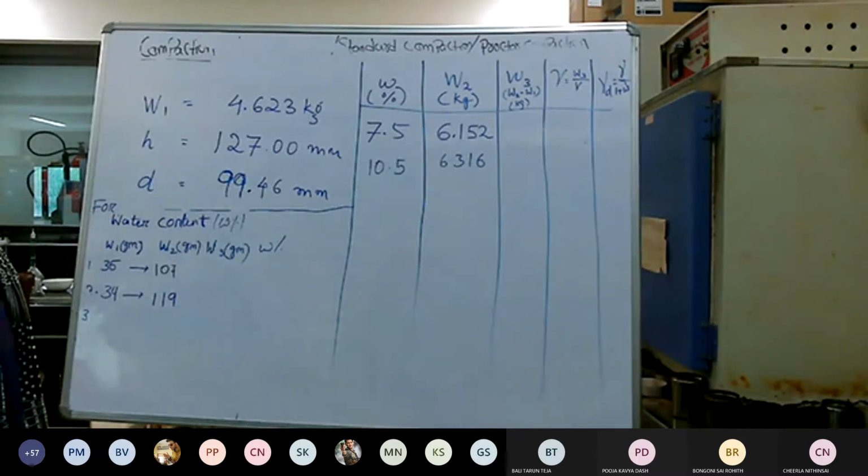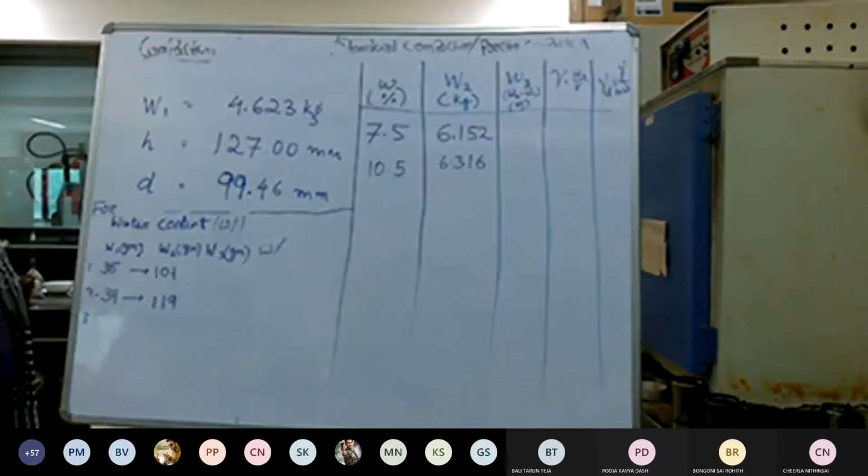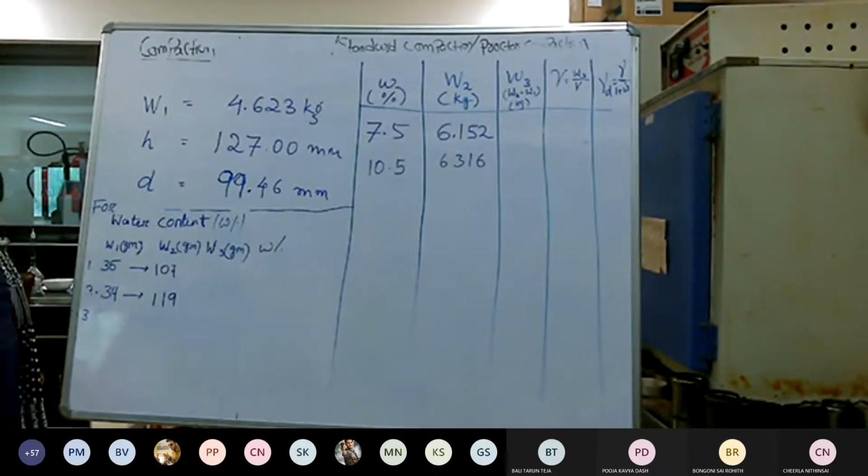So kindly note down. Similarly, you have to take readings for at least, as I said, at least one more reading after the weight starts decreasing, increasing by 2 to 3% each time.